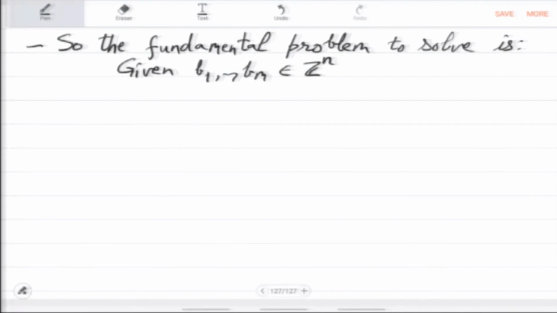So you are given m vectors, each vector has n coordinates, the coordinates are all integral. Okay, this is what you are given. Now, okay, let me set up the correspondence.